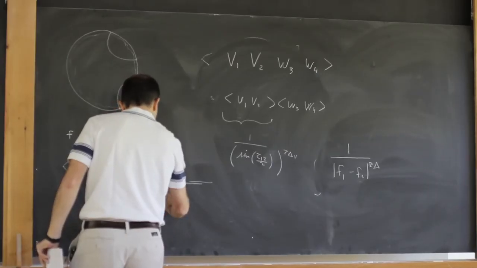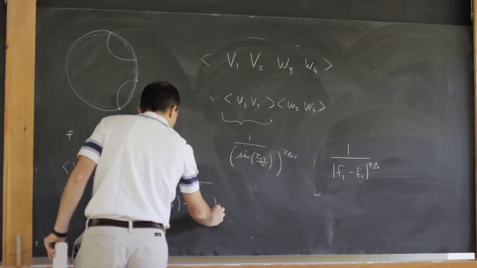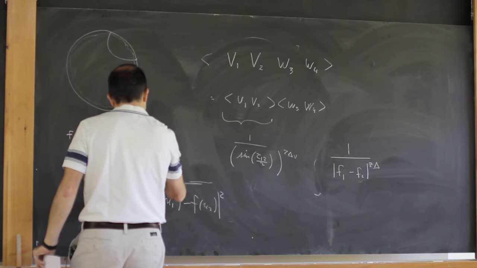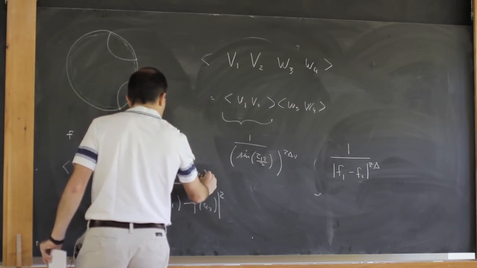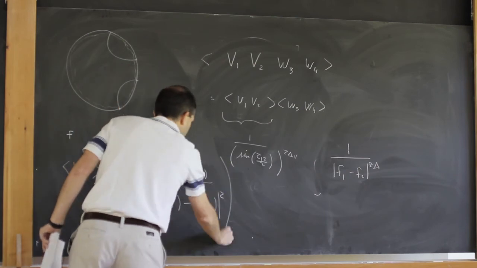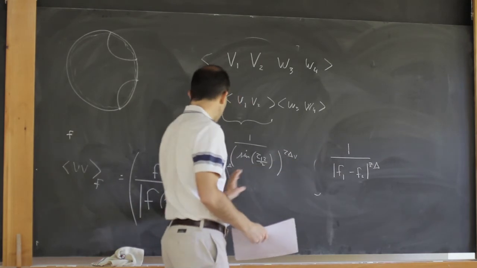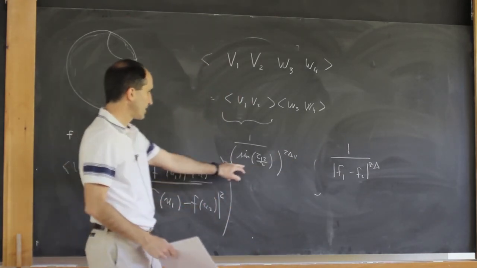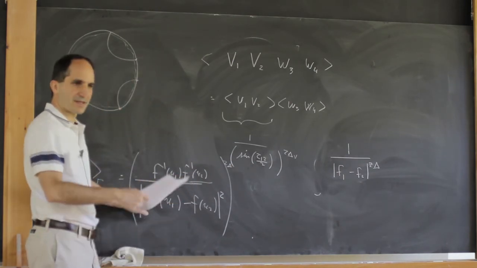So we have f, which is just some function, f of u2, f prime of u1, f prime of u2, to the 2 delta. So before, when I said that we go from this to that, I'm referring to that. If you put here the tangent of u, you get this sine. But in general, you can put something that contains some additional function.